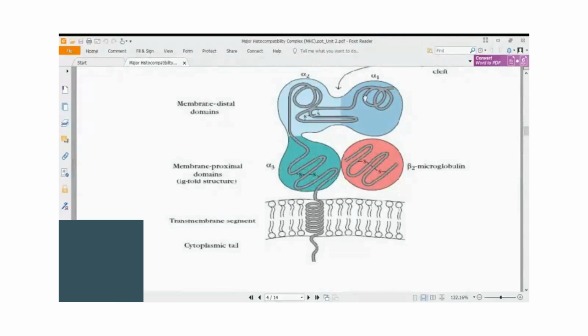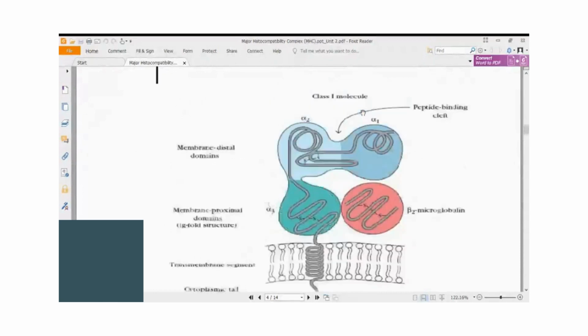The diversity is in the alpha 2 and alpha 1 domains, but the alpha 3 domain has conserved amino acid residues, and it plays a major role: the CD8 receptor of the TC cell binds to this alpha 3 domain when class 1 MHC presents the antigen in the antigen binding cleft.